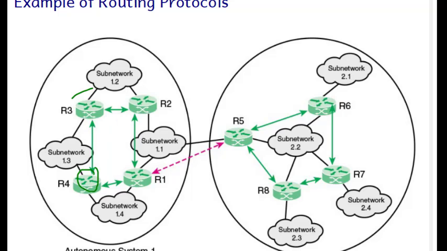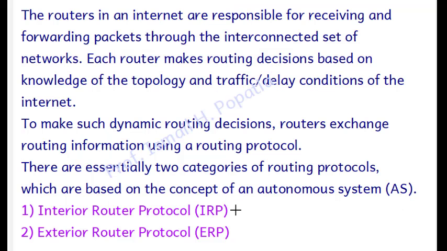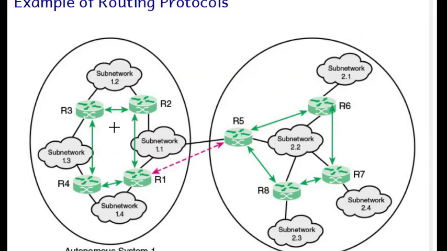Every router in this autonomous system will share its network information with the other routers, so they need a protocol. That protocol is called the interior routing protocol. The routing protocol which is used inside the autonomous system by the routers to find the network information is called the interior routing protocol.